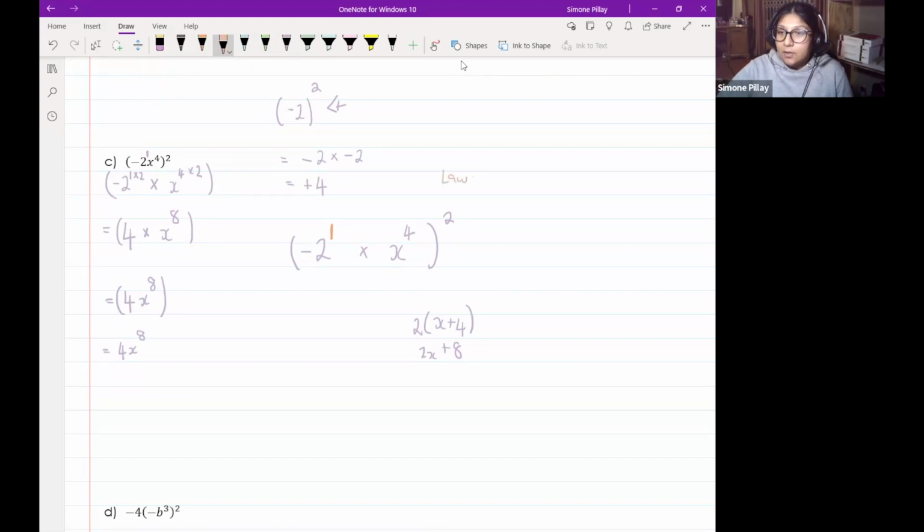So I'm taking law 3 and I'm applying it to my exponent and 2, and I'm going to apply it to my x. You with me there? Yes, ma'am. And so because I've applied law 3 over here, what does my law say? It says I need to multiply my exponents. And that is how I got 1 times 2 over there.